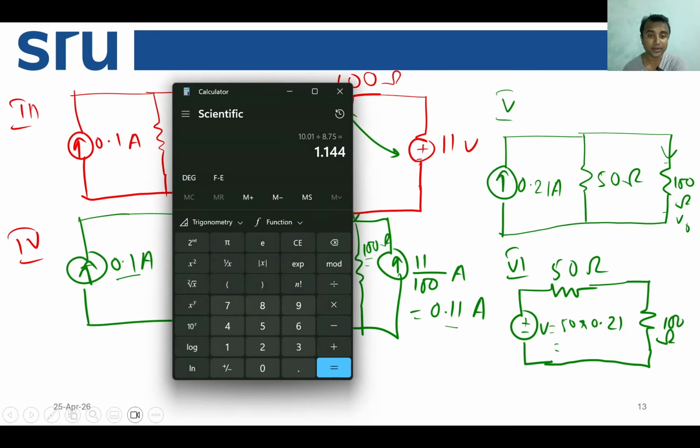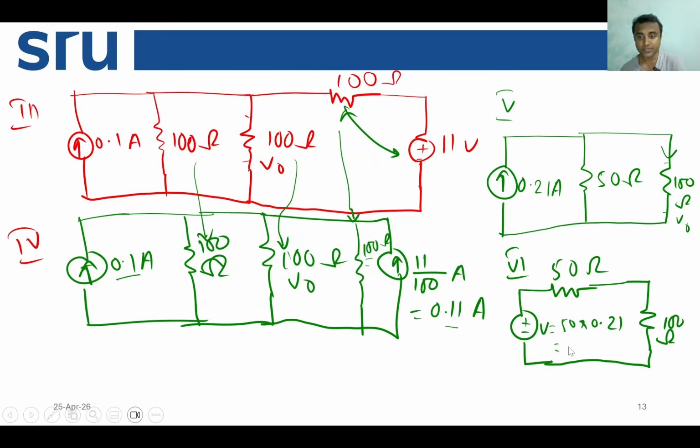So what will be the value? 50 times 0.21 is 10.5 volt.